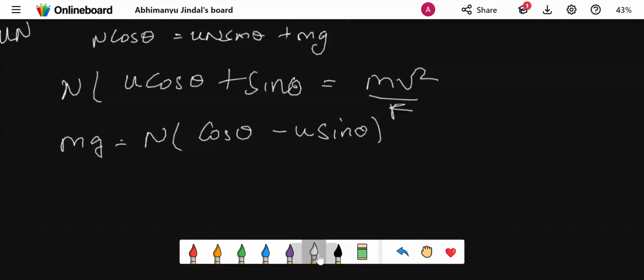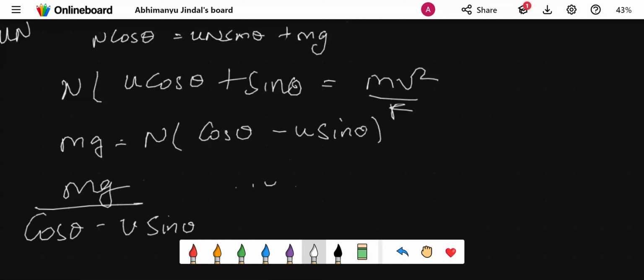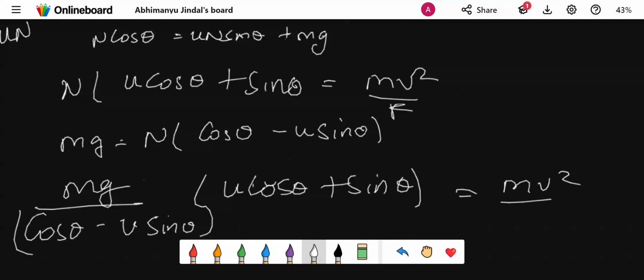So now I can replace n, which is mg by cos theta minus mu sine theta, into mu cos theta plus sine theta, which will give me mv squared by r.